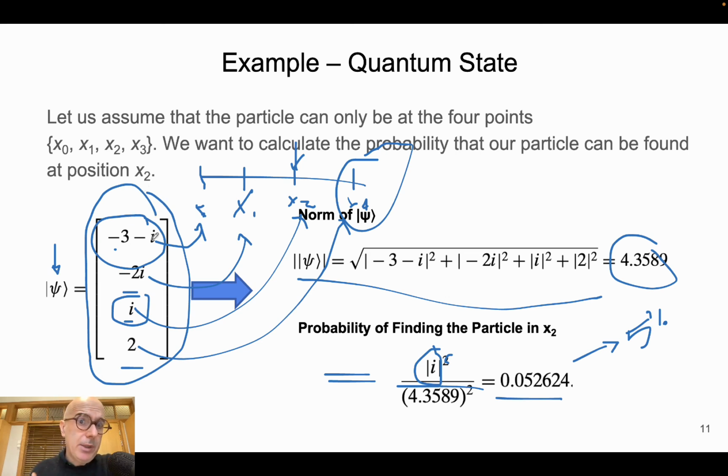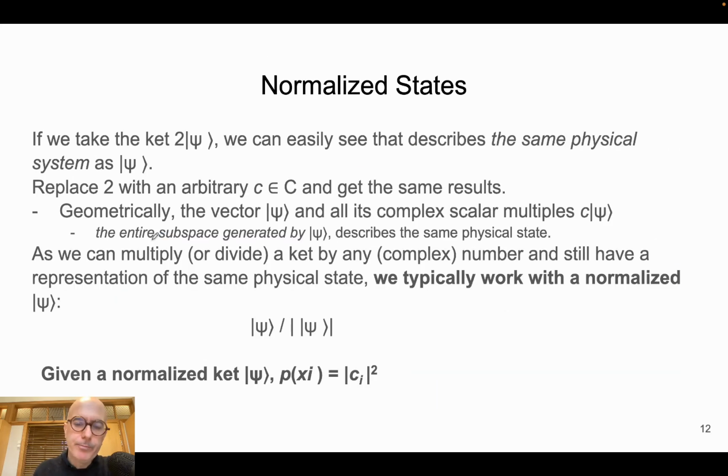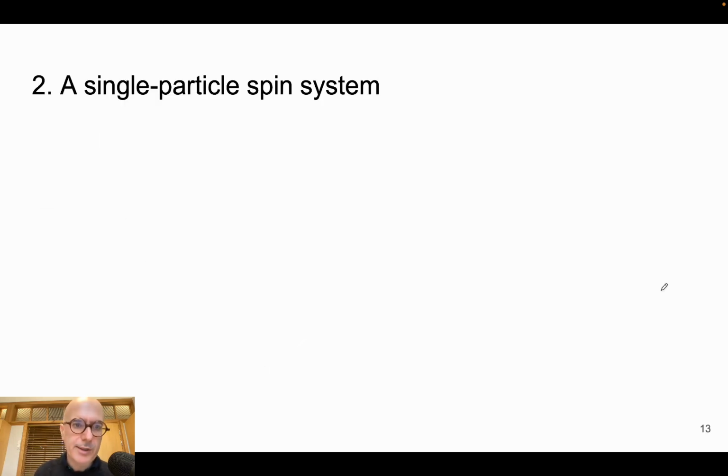Each of these elements tells us the probability of finding a particle in a certain quantum state after the observation, or after the measurement. So we always deal with normalized states. The example that we saw before was not normalized, so we did the normalization ourselves. This is an important part: always work on a normalized state. If we realize that our vector is not normalized, we should do the normalization.